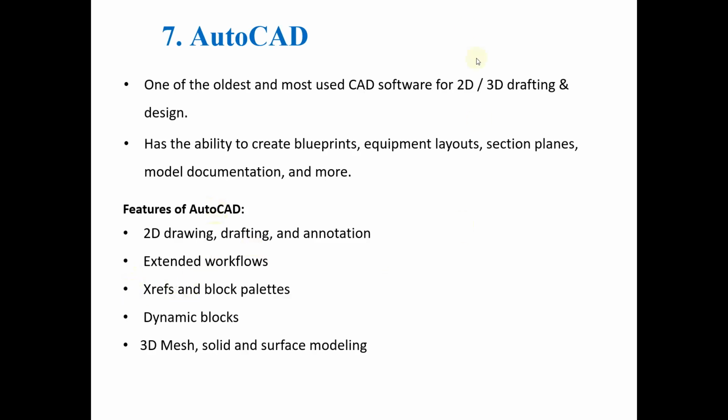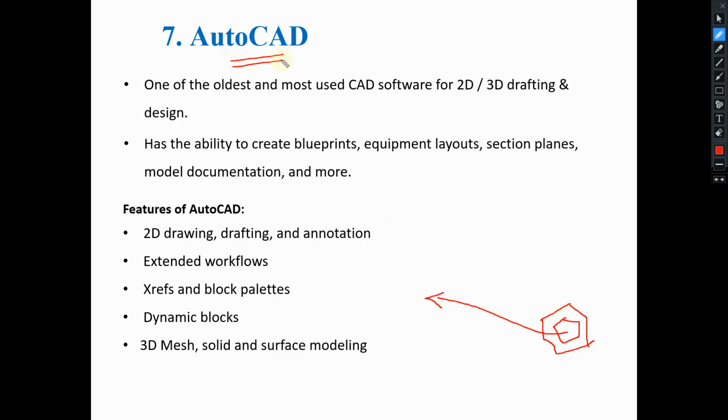External references means, if you have to create a model or a sketch, for example a 3-dimensional or 2-dimensional hexagonal bolt, and you have already created a file of a hexagonal bolt or a nut, we can import this file or sketch into the AutoCAD drawing, and then you can use the features that are present in it. That is known as external references.